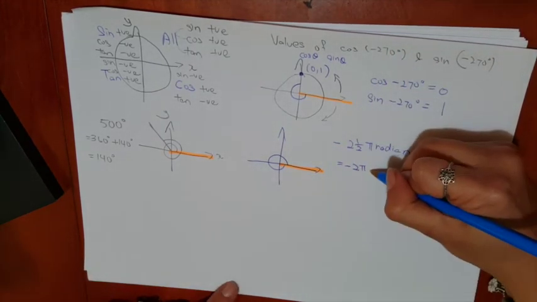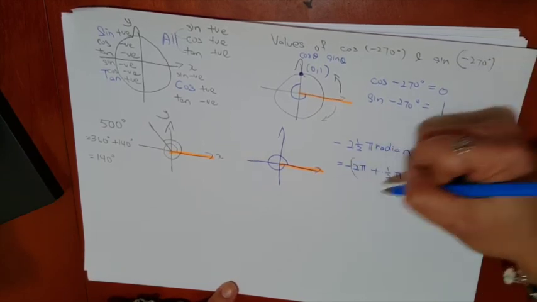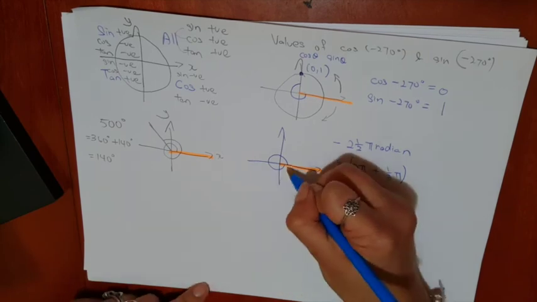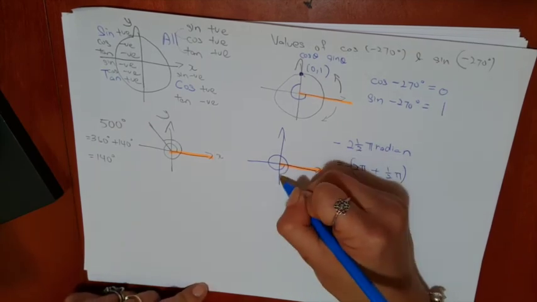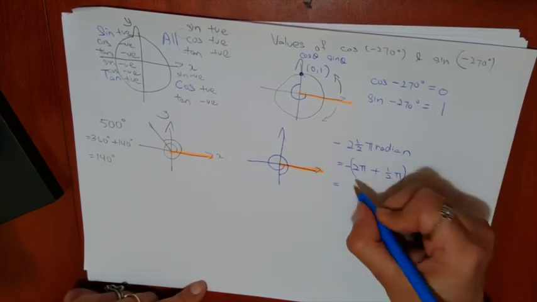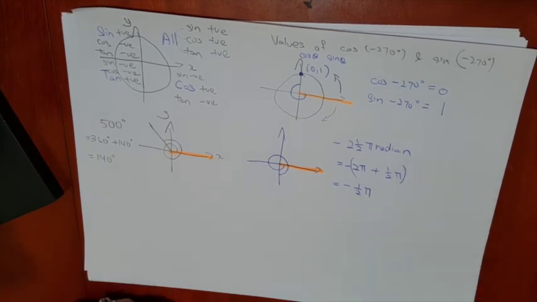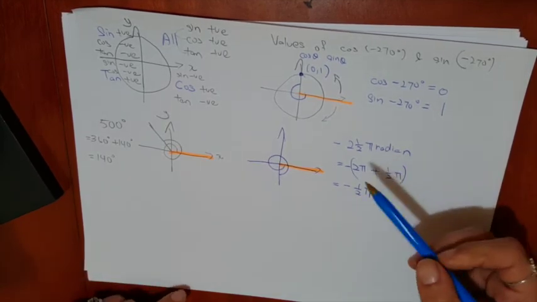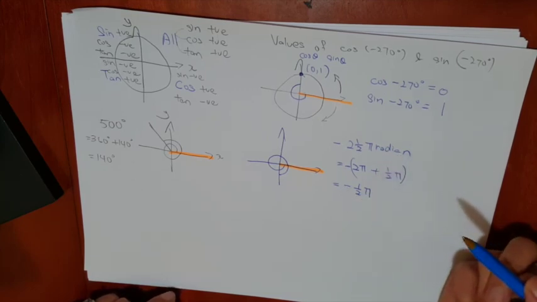And we still need a half pi. So I need to spin this up to here, and that's where I stop. So this line is the line that I want, and therefore this is the same as negative half pi radian. So we can say that negative 2.5 pi radian is the same as negative half pi radian.